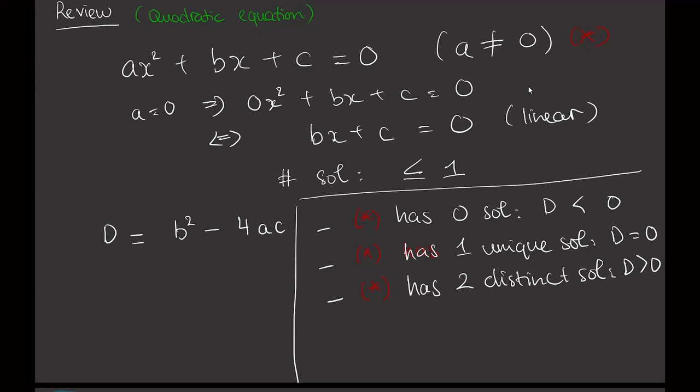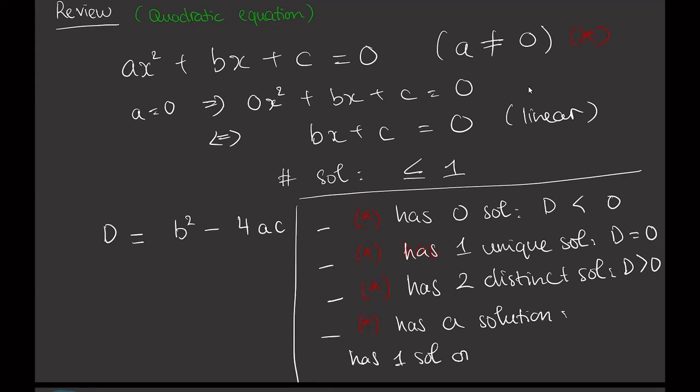One thing students make mistakes on a lot is finding a, b, c such that the equation has a solution. Has a solution means that it has one solution or 2 solutions.